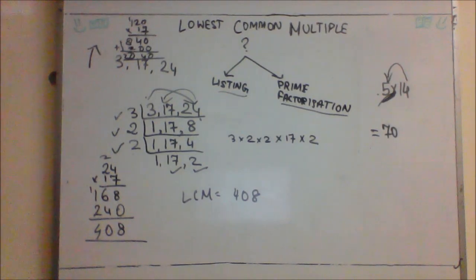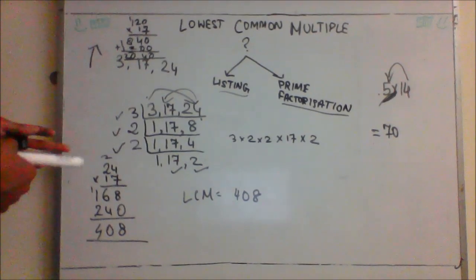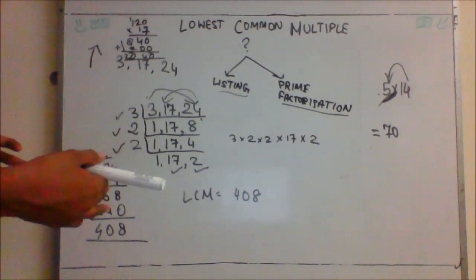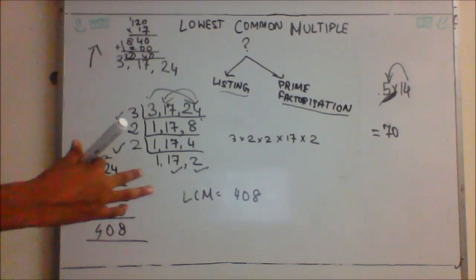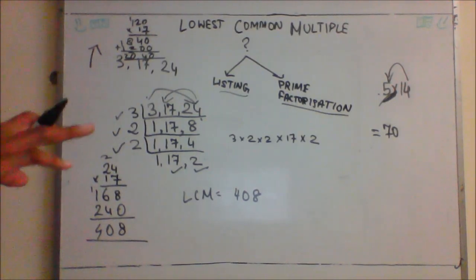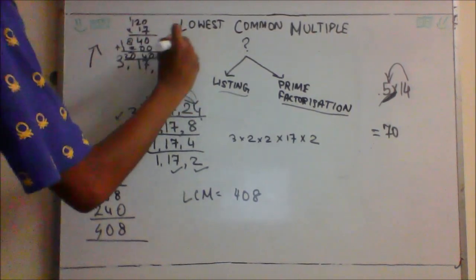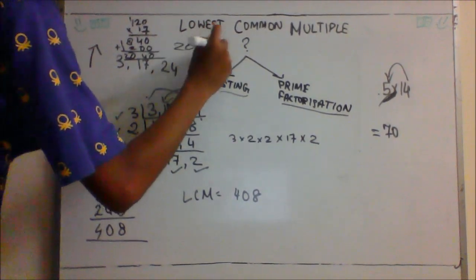If it was 5, 17, 24, because 5 doesn't go in 17 or 24. 17 doesn't go in 24. 24 is the largest number. So check that if you have prime numbers. And just multiply. Simple. 5 into 17 into 24 is nothing but 2040. That's your answer.